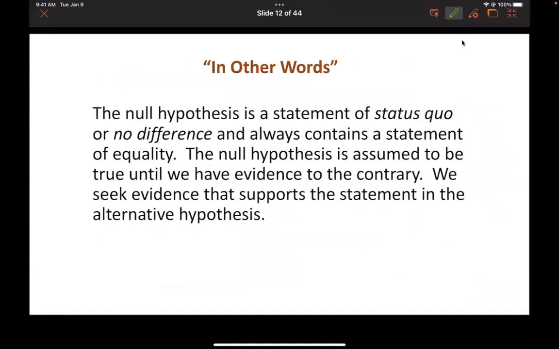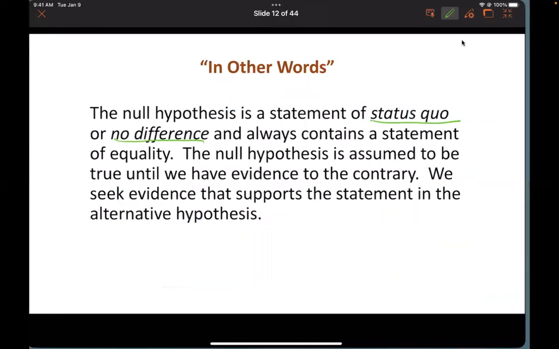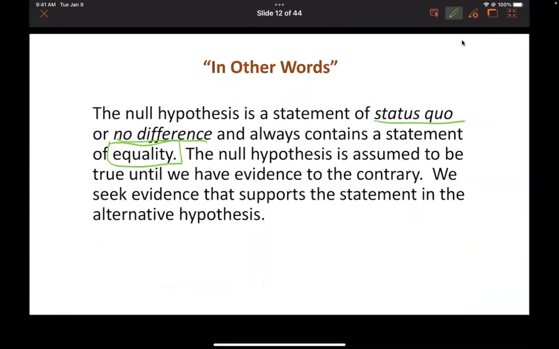In other words, the null hypothesis is status quo or no difference. It always contains a statement of equality. We assume that the null hypothesis is true unless we have evidence to say it is not. We are looking for evidence to support the alternative hypothesis. We're trying to find evidence to show that the alternative hypothesis is true.